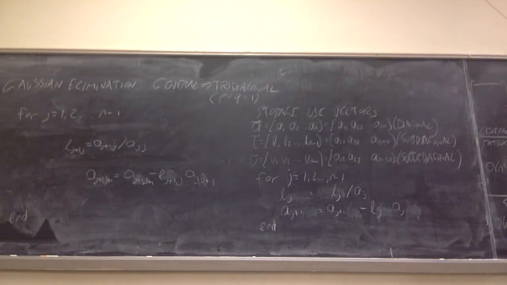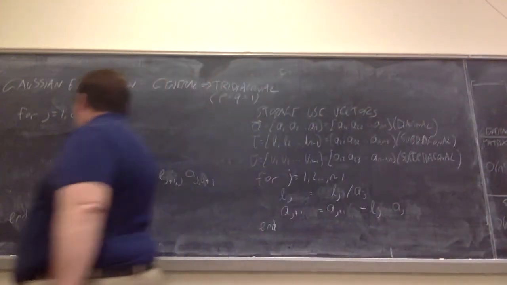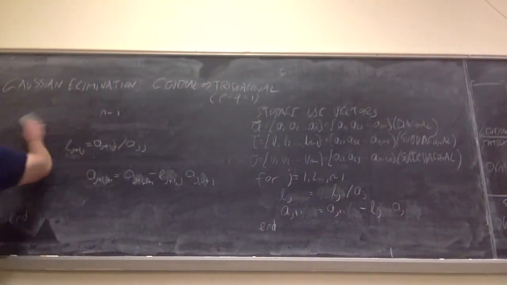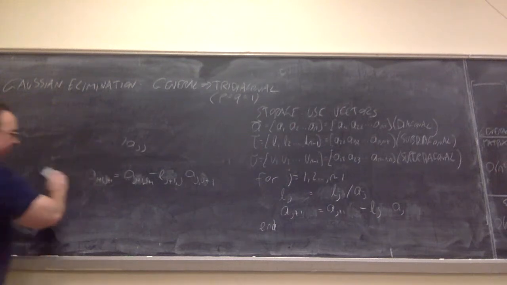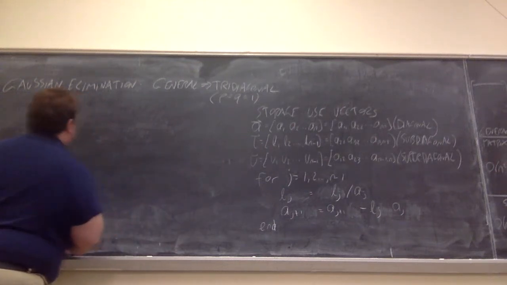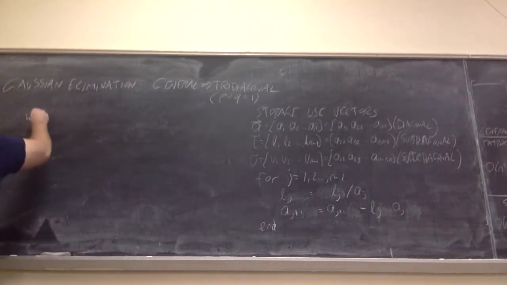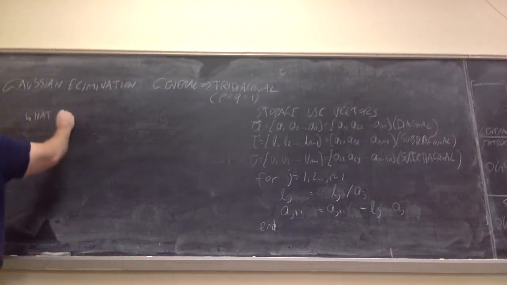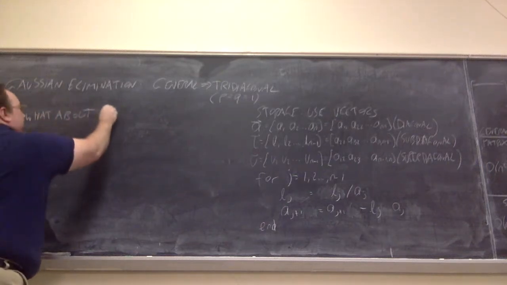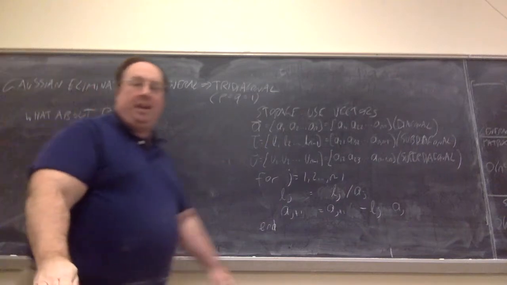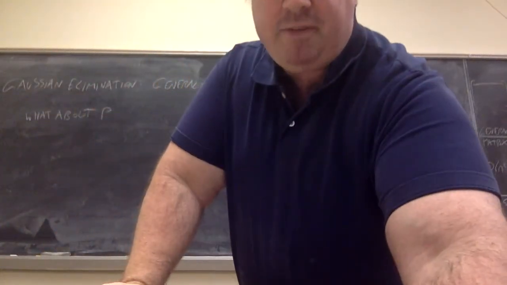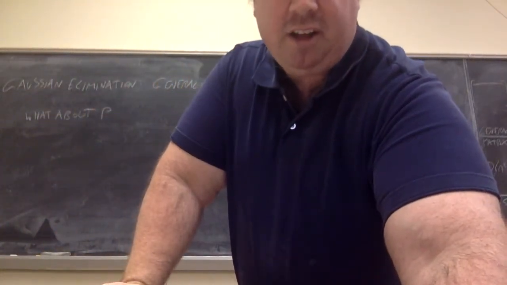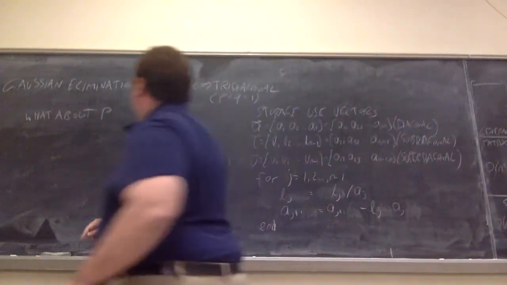Now, there's one dicey issue. I'm going to go ahead and erase this because it's already elsewhere on the board. What about this fundamental ingredient of Gaussian elimination, pivoting, which I have not talked about today?